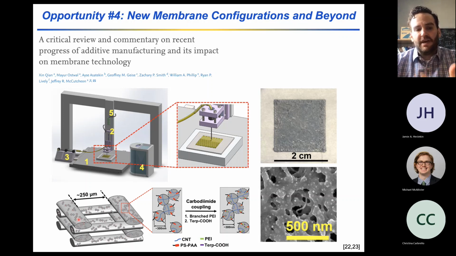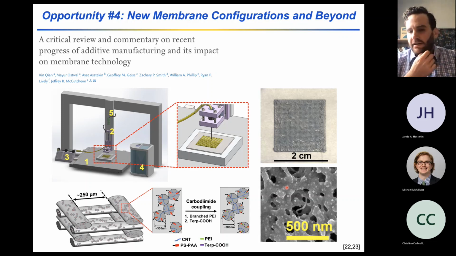But then because this casting solution is being printed in that humid environment, you go through the phase separation process within the filaments. And so then you have this nanostructure built into the filaments that has a high surface area per volume and may be useful as a high capacity sorbent or as a support for catalyst. And that's one potential extension of the phase separation technique. People are also looking at using phase separation techniques to create liquid droplets for drug delivery.